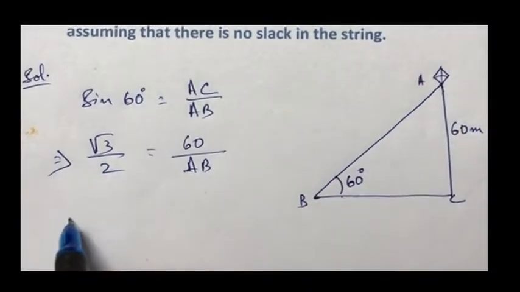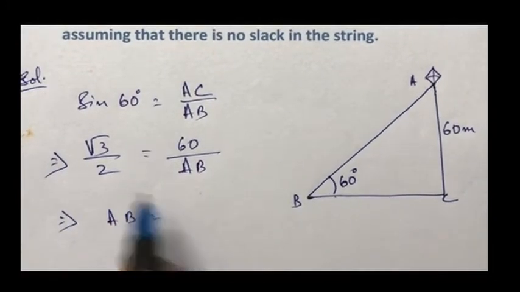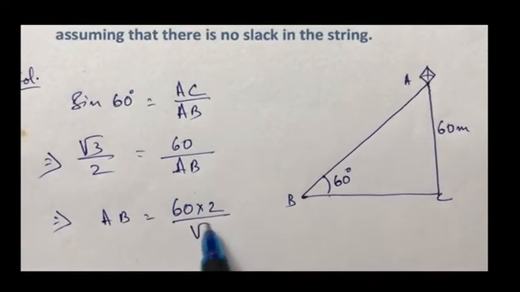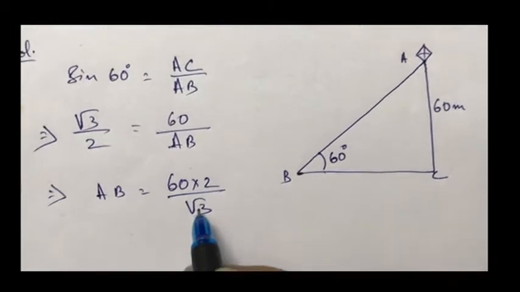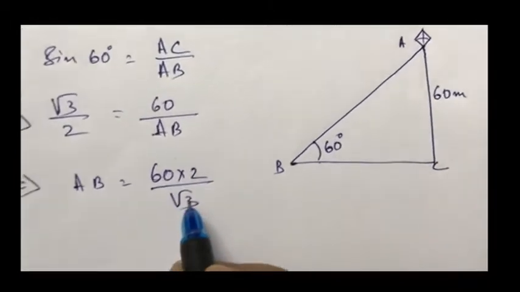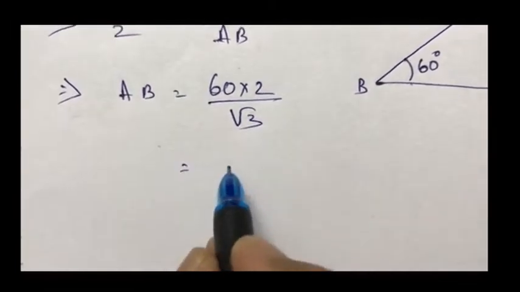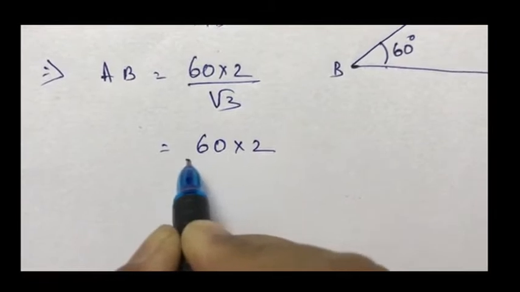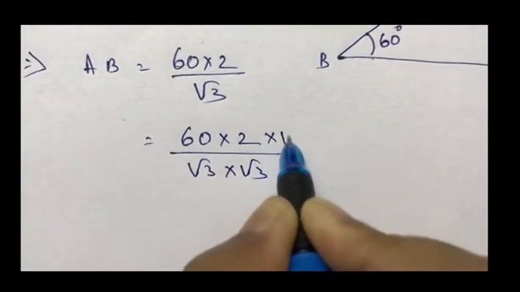Fine. So what will be AB then? AB will be 60 into 2 by root 3. So if it is root 3, then I have to remove the root 3 over here. Same principle, we do not want an irrational number in the denominator. So 60 into 2 by root 3 into root 3 by root 3.